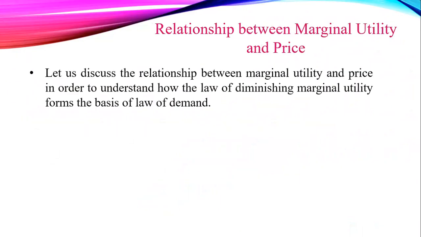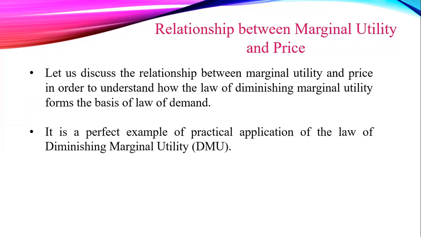Let us discuss the relationship between marginal utility and price in order to understand how the law of diminishing marginal utility forms the basis of the law of demand. It is a perfect example of practical application of the law of diminishing marginal utility, that is DMU.